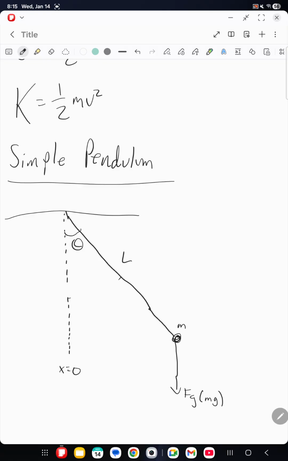And so for this angle, we could also decompose Fg like this, and then we could see that this will be Fg sine of theta, and this will be Fg cos of theta. So using basic trigonometry, this theta is the same as this theta, and you could decompose this force using the angle.